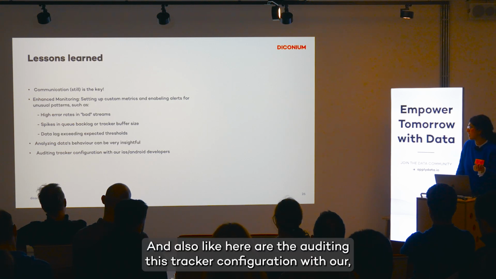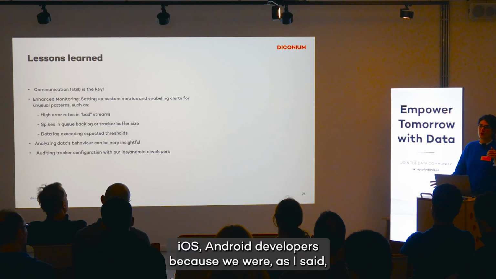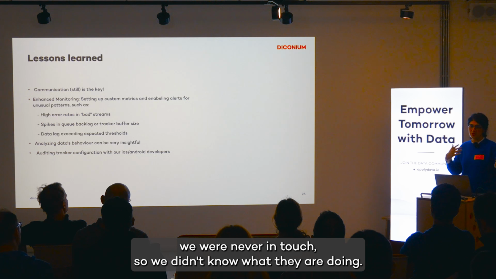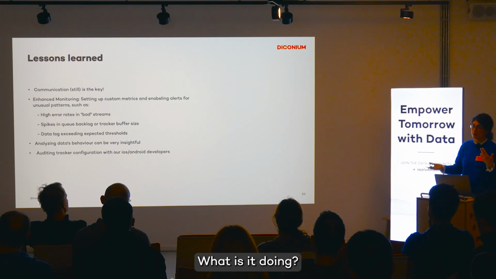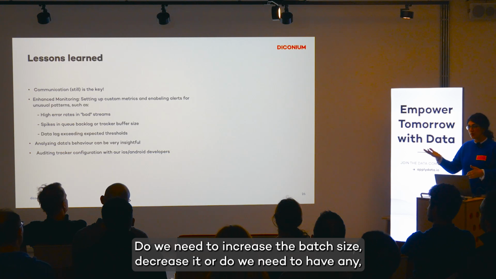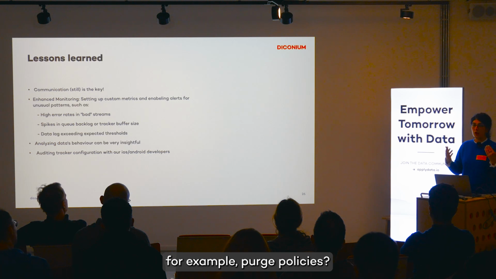Also, auditing the tracker configuration with our iOS and Android developers, because, as I said, we were never in touch, so we didn't know what they were doing and what this tracker configuration was doing. Do we need to increase or decrease the batch size, or have purge policies?